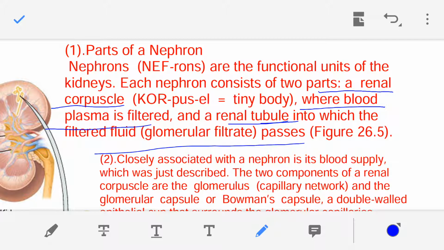So this filtrate which comes out from the capillary blood is known as glomerular filtrate or the filtered fluid.